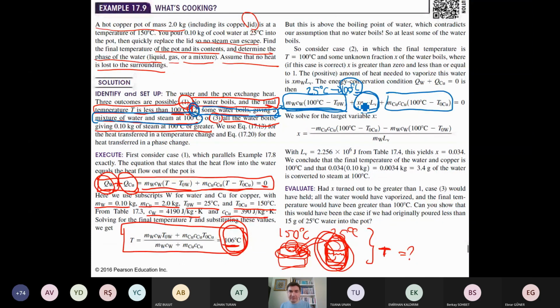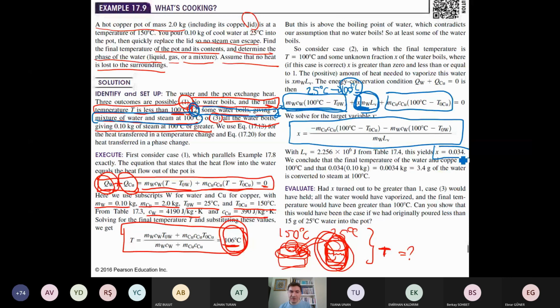Then if you take this X from this expression, you will get this type of relation. And then X will be 0.034, okay? So 0.034% of the mass will be vaporized, okay?